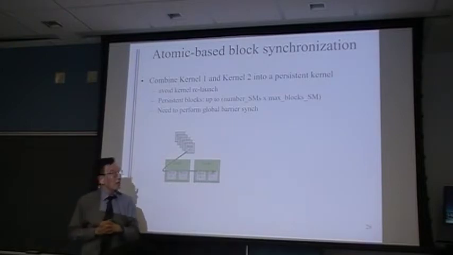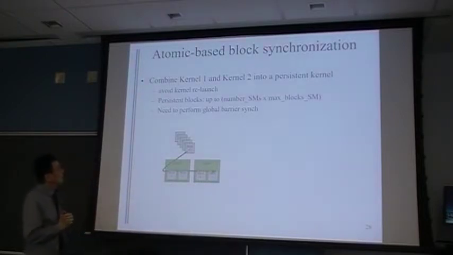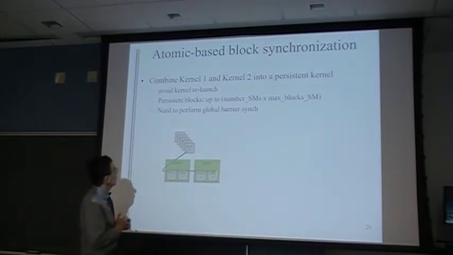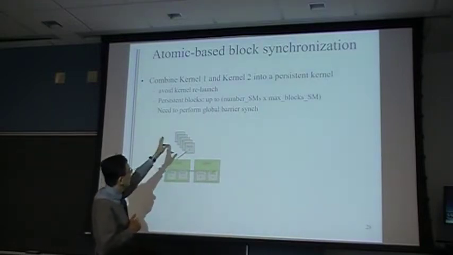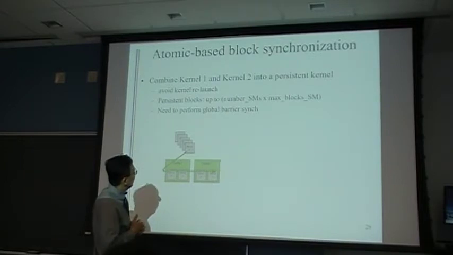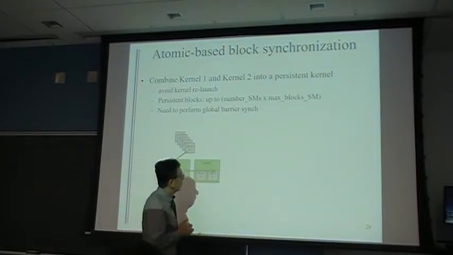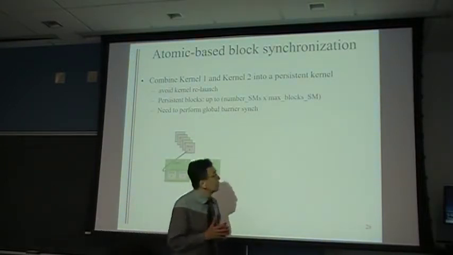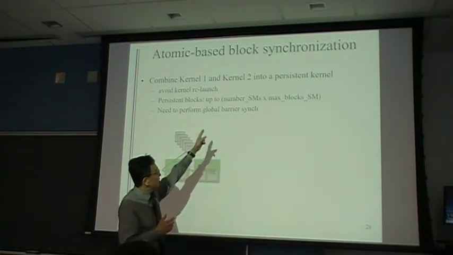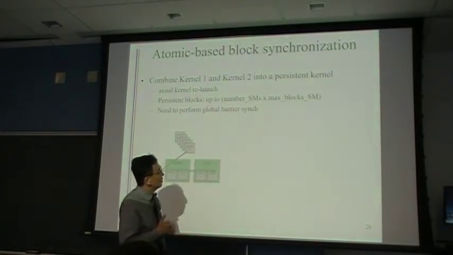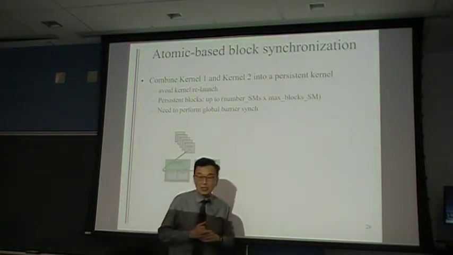Now, let's go back to how we can combine kernel 1 and kernel 2 into a persistent kernel. We launch a fixed number of blocks, and the fixed number of blocks is the number of SMs times the maximal number of blocks per SM.